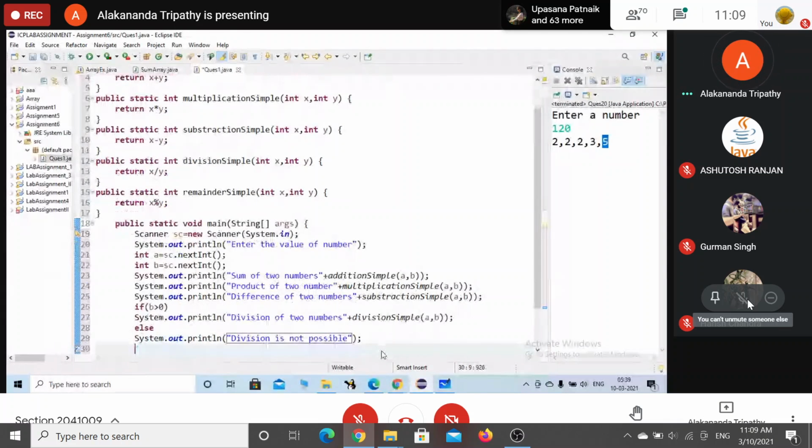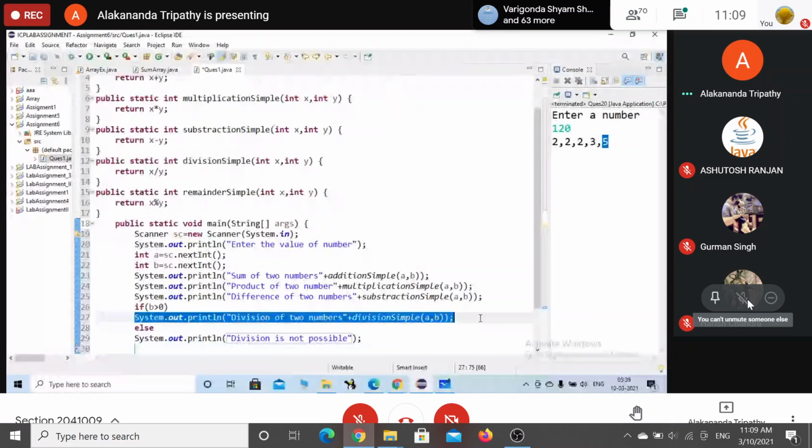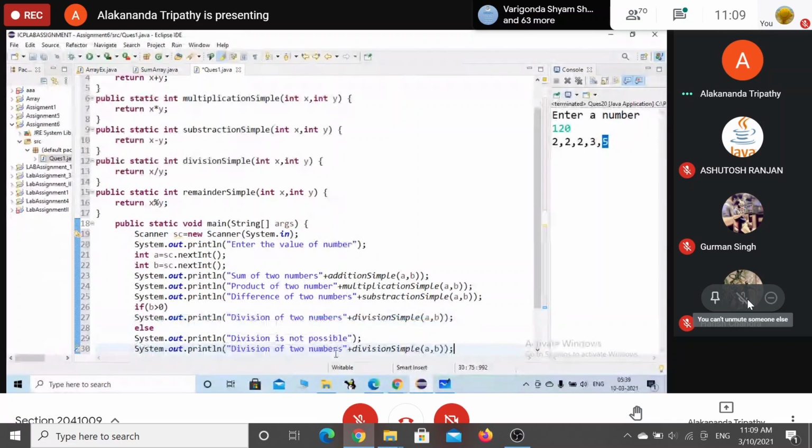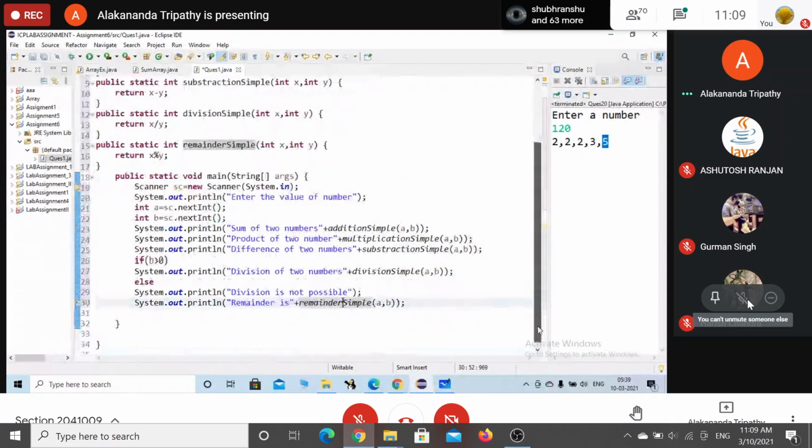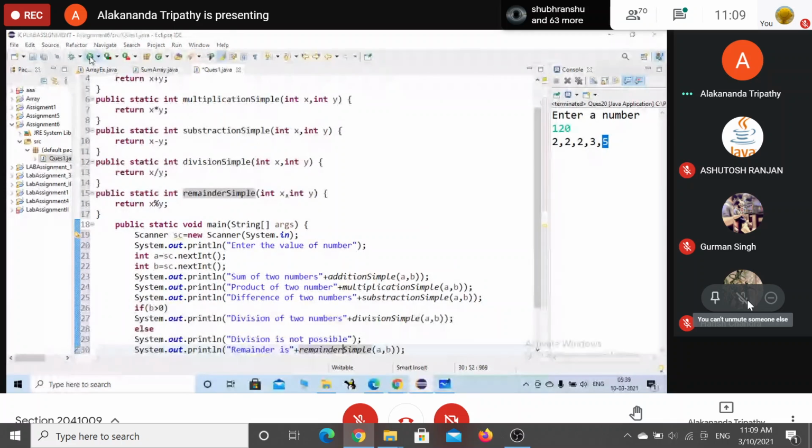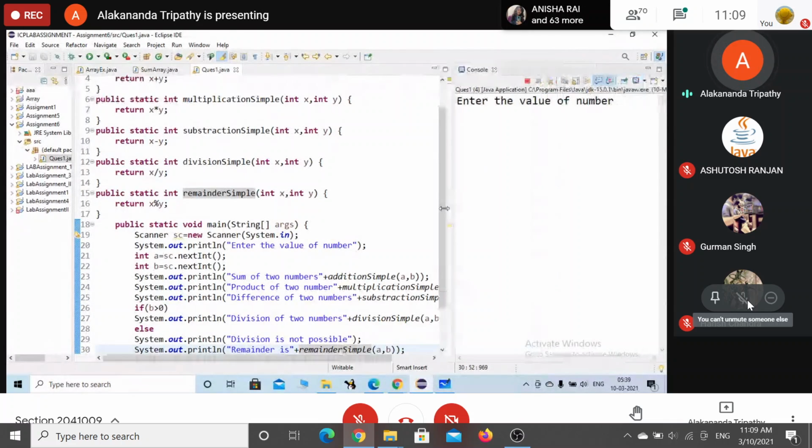Then next one is your remainder. Remainder is, subtraction में भी लिखना.